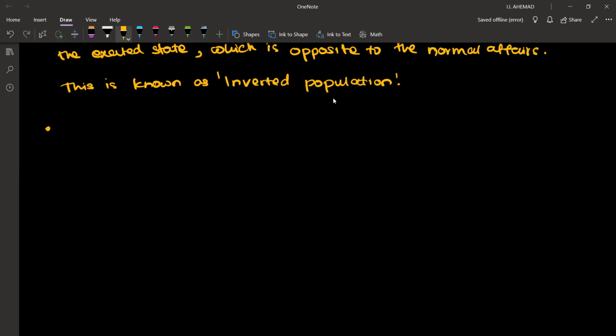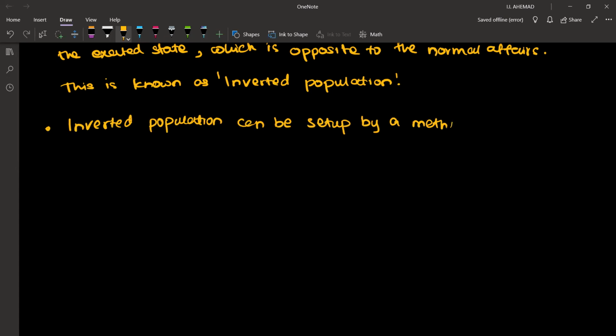So let's note it down. Inverted population can be set up by a method called optical pumping.